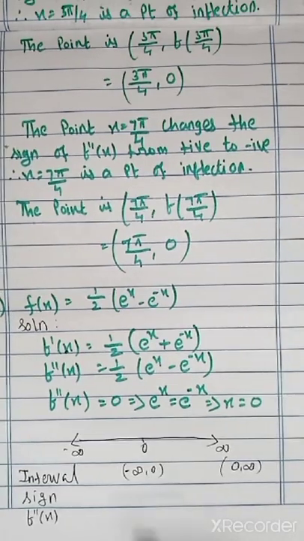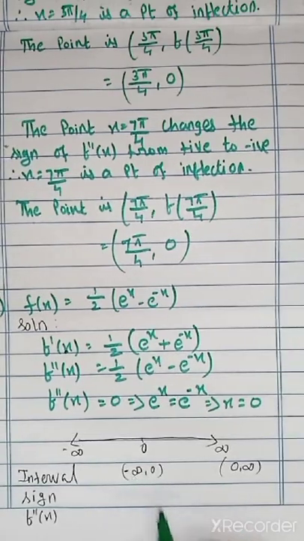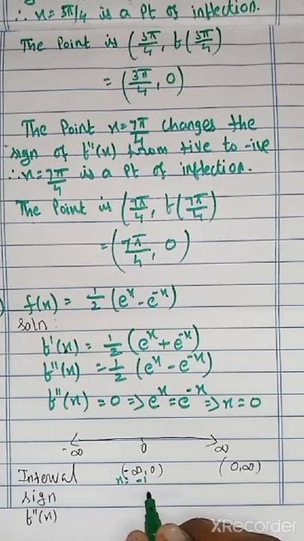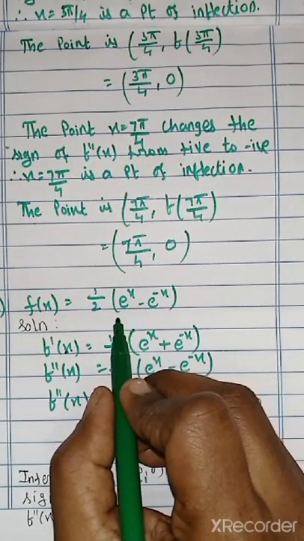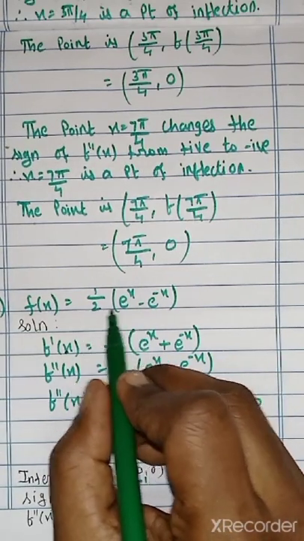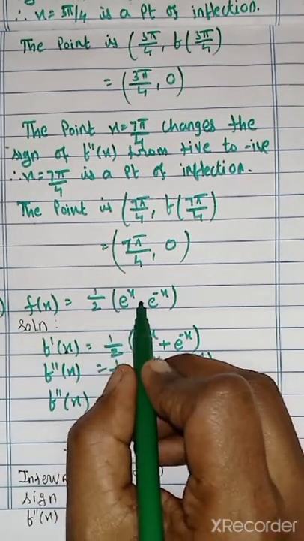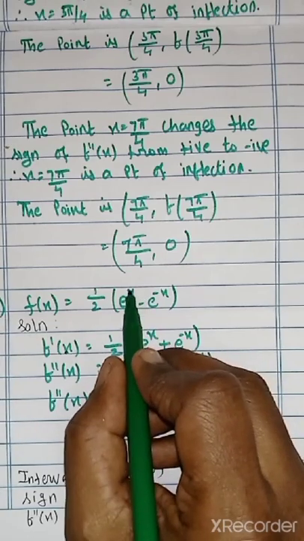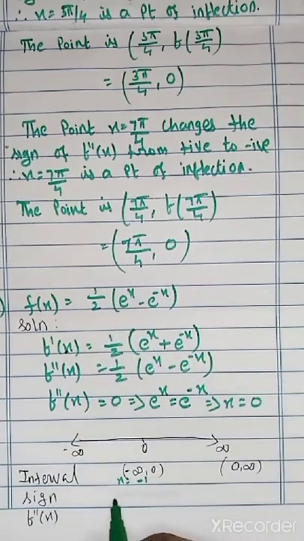Okay, now for minus infinity to 0, we can take x equal to minus 1. If I substitute x equal to minus 1, here what you will get? Half e power minus 1 minus e. So e power minus 1 is 1 by e, that is less than 0. So less than 0, it is negative sign.